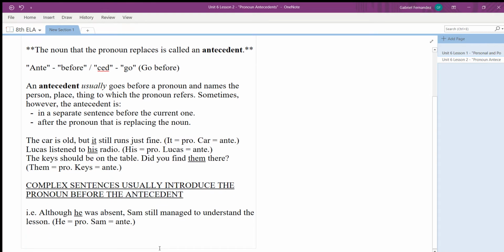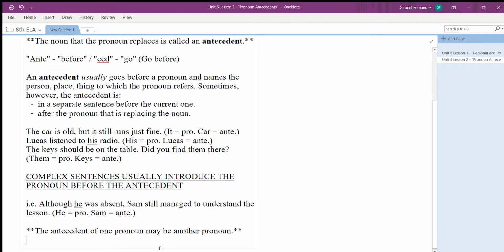Let me give you some more notes. Okay? Another important note. The antecedent of one pronoun may be another pronoun. Antecedents don't necessarily need to be proper nouns or common nouns. The antecedent could be another pronoun.